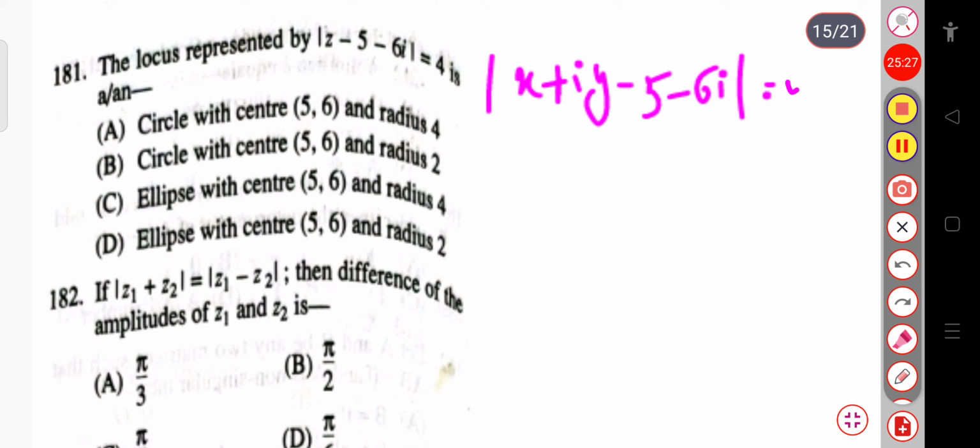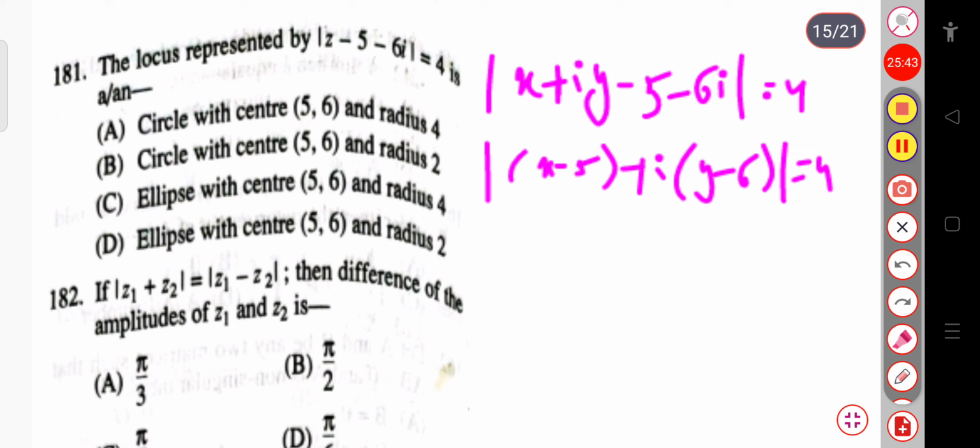So, writing the real part, that is x minus 5, and the imaginary part, plus iota into y minus 6, you have to take the modulus of this, equal to 4. You know the modulus will be the square root of real part square plus imaginary part square.